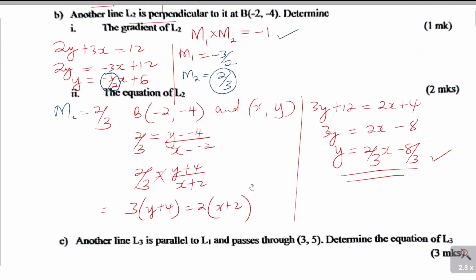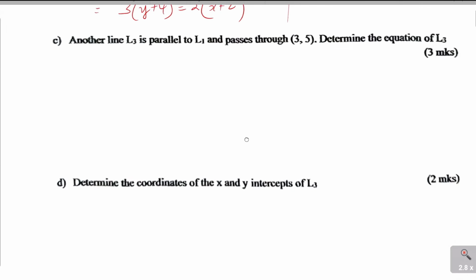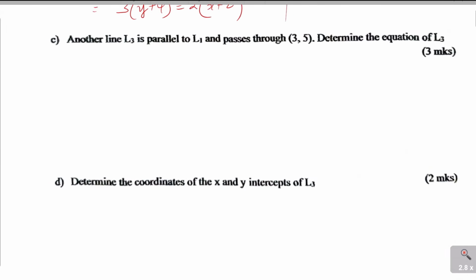We go to part C. Another line L3 is parallel to line 1 and passes through the point 3, 5. Determine the equation of L3. L3 is parallel to L1, and when two lines are parallel to one another, their gradients are equal. So the gradient of L3 should be equal to the gradient of L1.